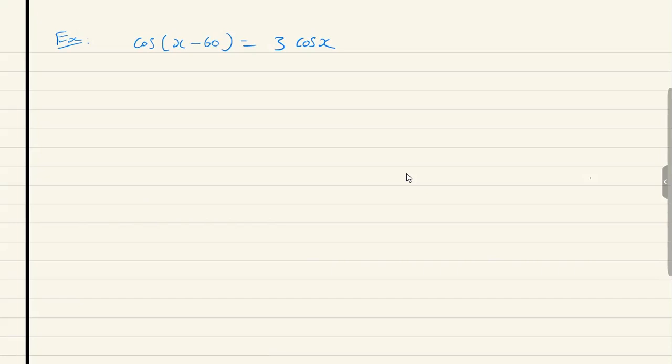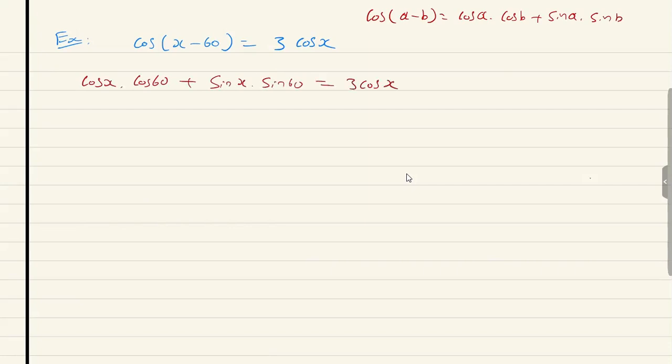What are the compound angle identities? Let's remember. Cosine of A minus B is cosine A times cosine B plus sine A times sine B. So it will be cosine x times cosine 60 plus sine x times sine 60 is equal to 3 cosine x.